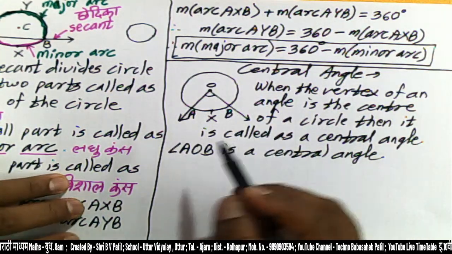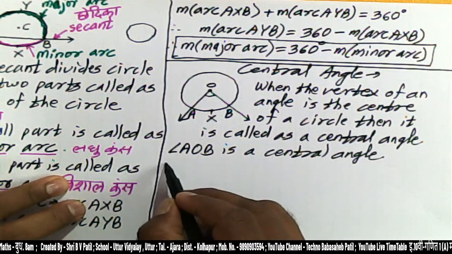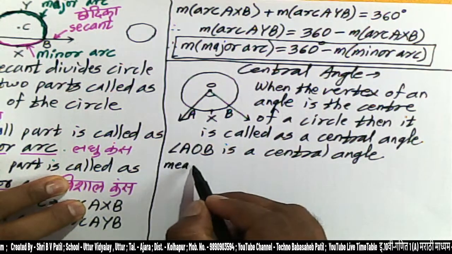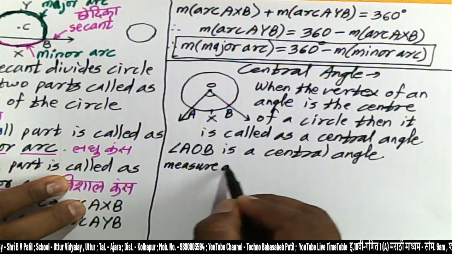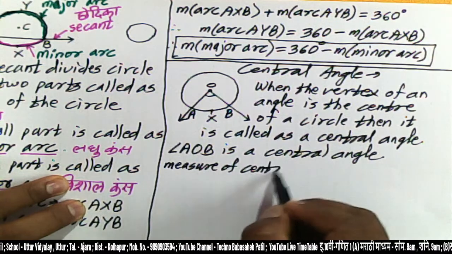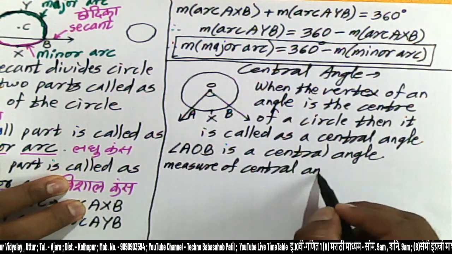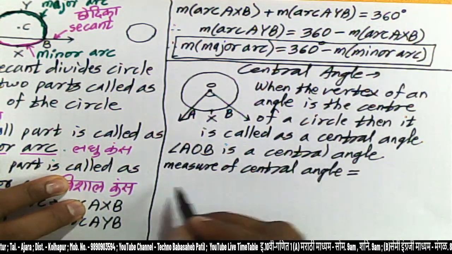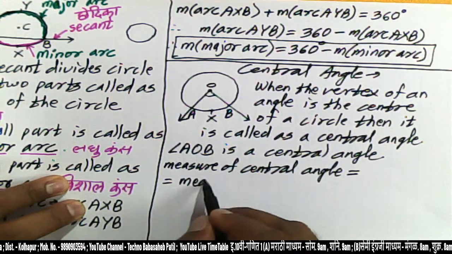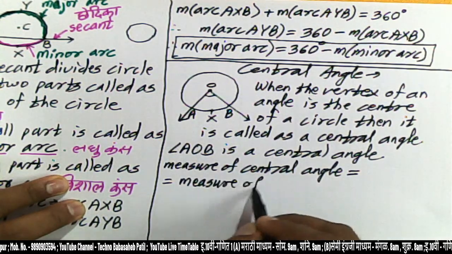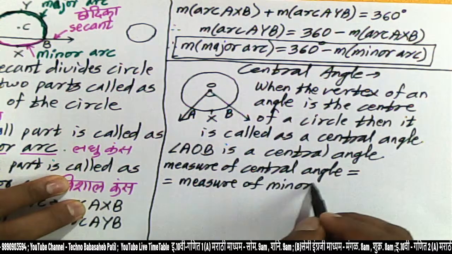It means we can say that the measure of the central angle is equal to the measure of the minor arc.